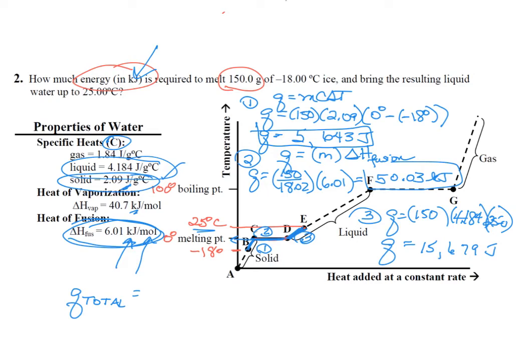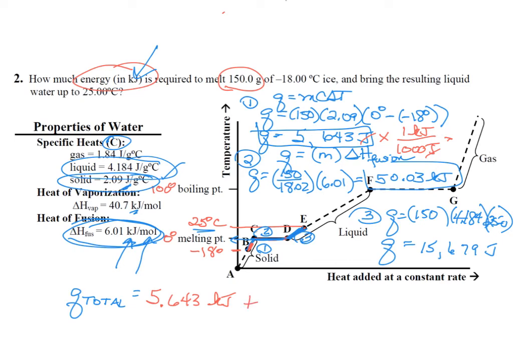The conversion factor between joules and kilojoules is 1 kilojoule per 1,000 joules. So it's the same thing as dividing by 1,000. So 5.643 kilojoules. It really didn't take very much energy to heat up ice to the melting point, did it?